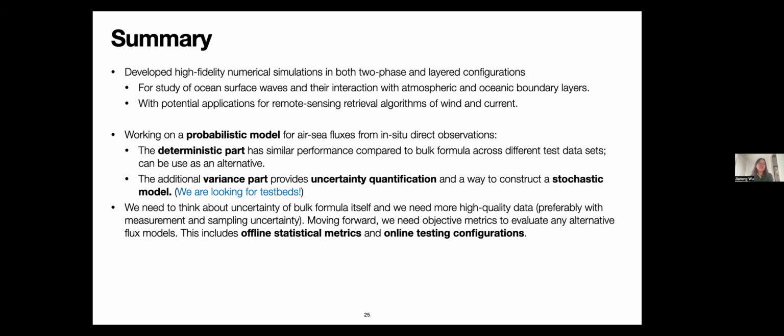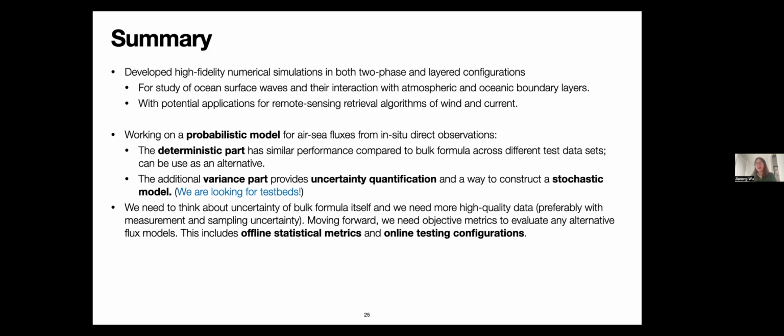And this brings me to my last point, and I'll stop. I think we need to start thinking about uncertainty of the bulk formula itself. And for this, because for now, our best bet is the in situ measurements. We don't have numerical simulation that's available to provide us with flux at scale.